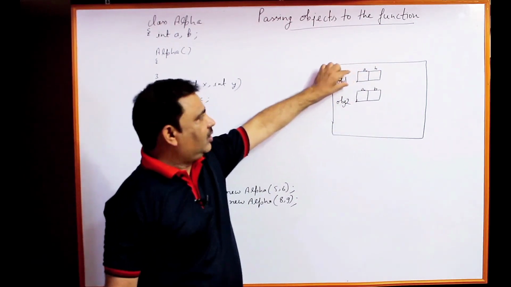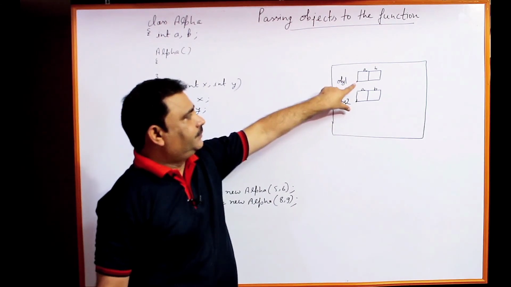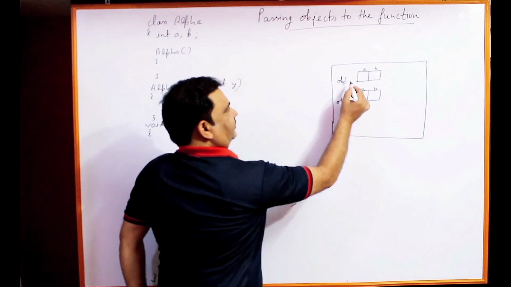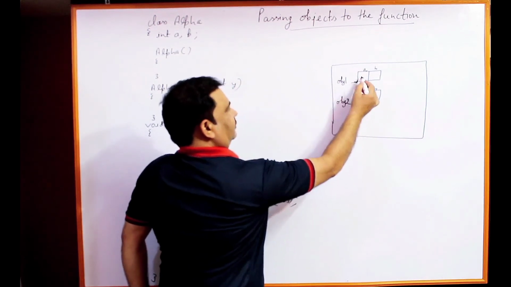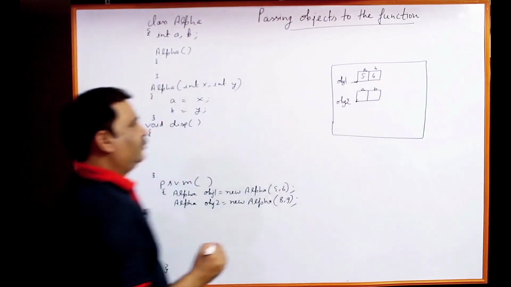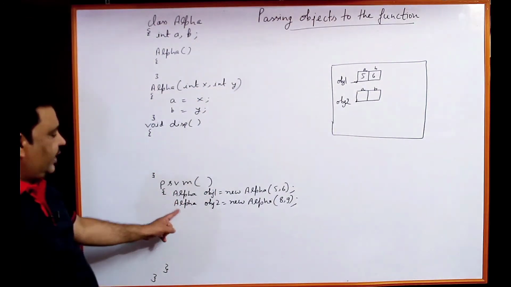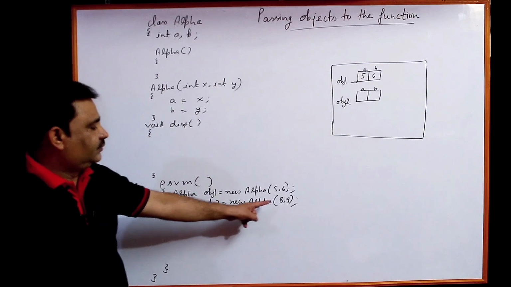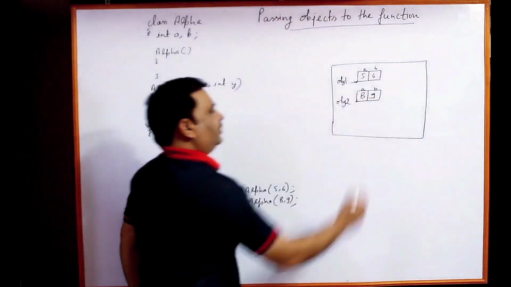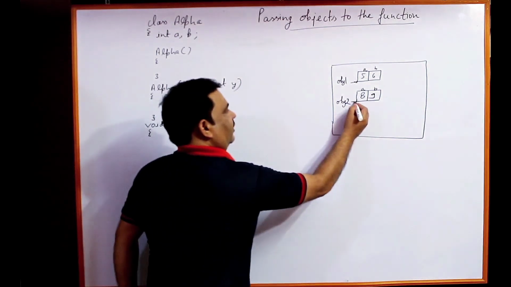It is the memory block obj1 and this is the cell address, and we have passed 5, 6, so the values of A and B will be 5 and 6 for obj1. The second object we have created is obj2, in which we have passed 8 and 9. Same way the second object is created.